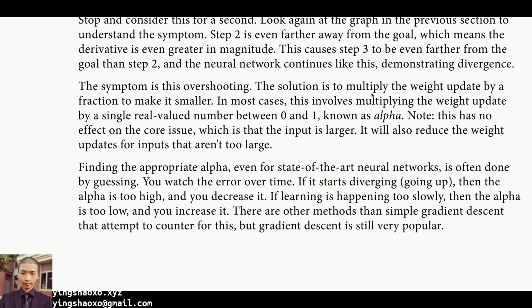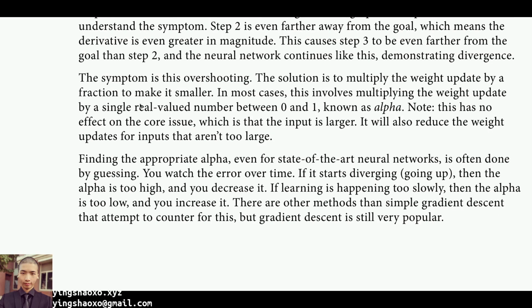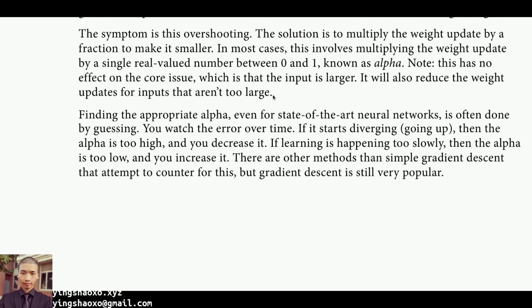The solution is to multiply the weight updates by a fraction to make them small. In most cases, this involves multiplying the weight update by a single real-valued number between 0 and 1, known as alpha. Note, this has no effect on the core issue, which is that the input is larger. It will also reduce the weight updates for inputs that aren't too large.